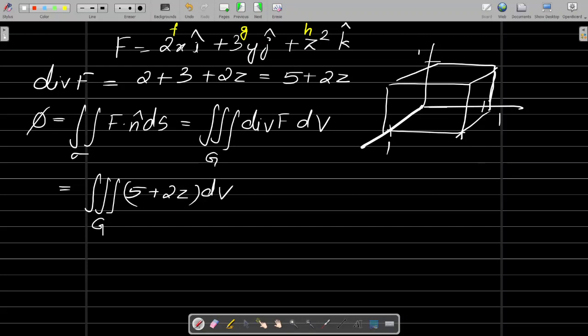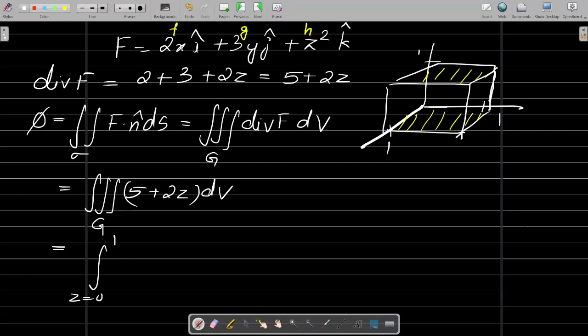Now when we are taking the limits of integration, you see clearly here the limits of z will be, first you have to consider the bottom surface and top surface of the solid. The bottom surface is z equal to 0 and the top surface is z equal to 1.